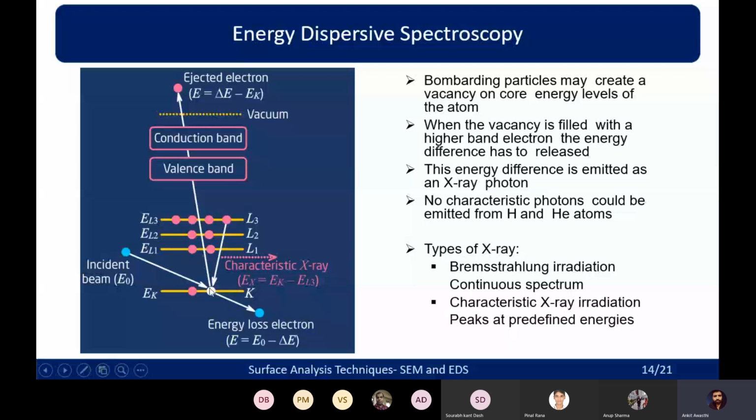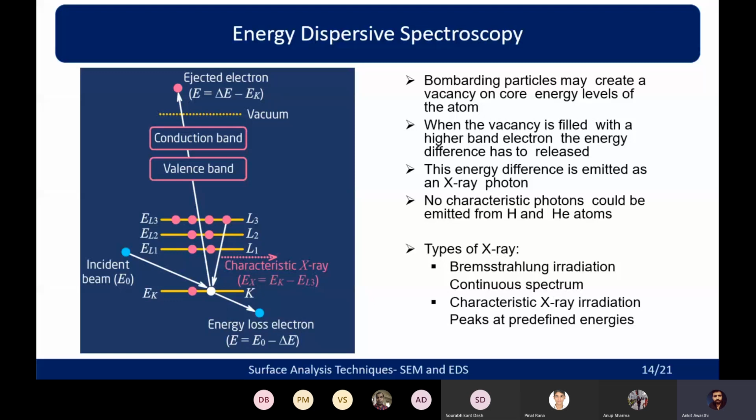In the lower energy level, an electron is knocked off by the incident electron beam, and to fill this vacancy, an electron from a higher energy level comes to it, and during this process we emit the characteristic X-ray. So in EDS we have to analyze these X-rays to get an idea about the composition of the sample.